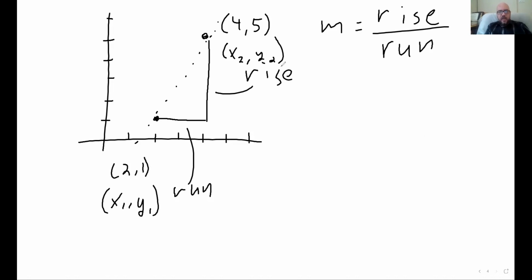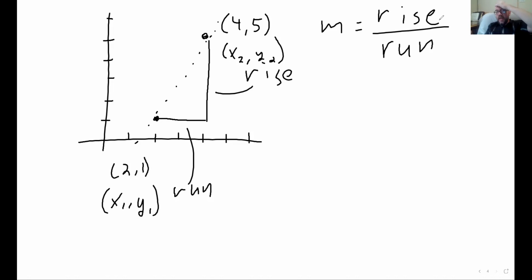The idea behind them is I want this to be X and Y, but I also want this to be X and Y, and I can't just call them both X, because they're different numbers. So we label them something with an X in it, and then we number them so that we can tell them apart.